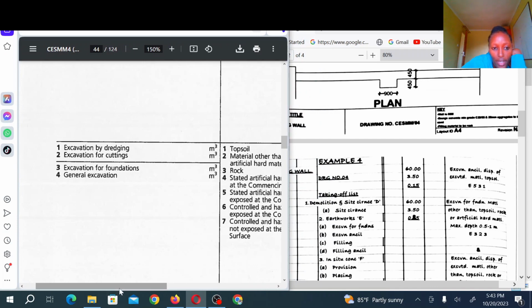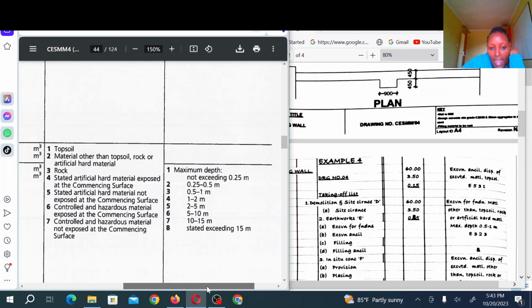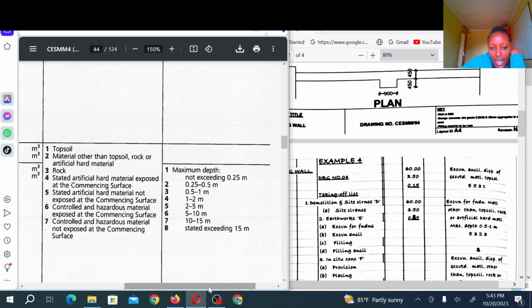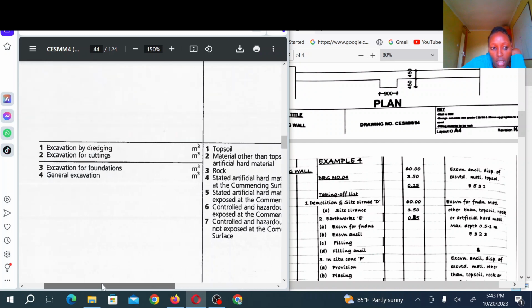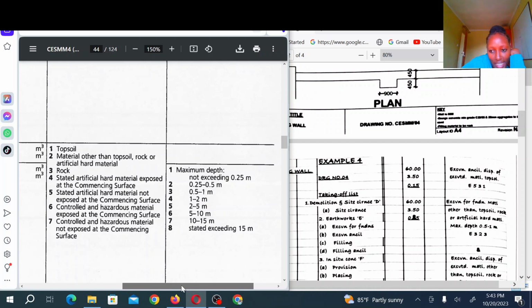E3 for excavation for foundation, 2 for second division, then 0.85 will land on 0.5 to 1 meter. So it shall be E3 2 3.